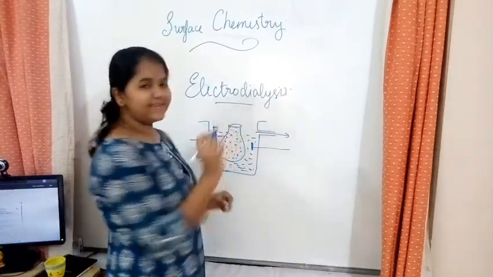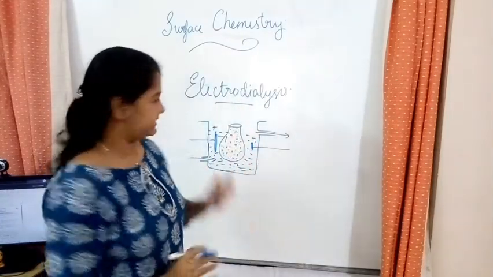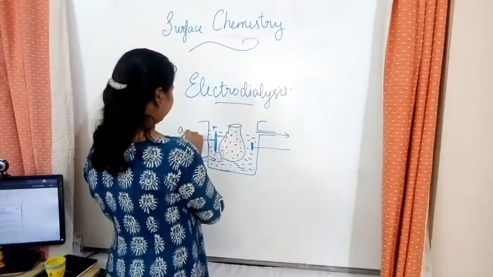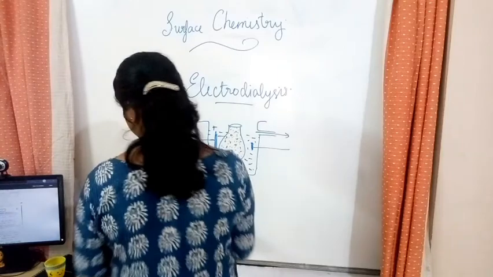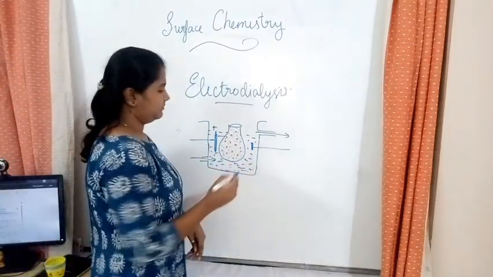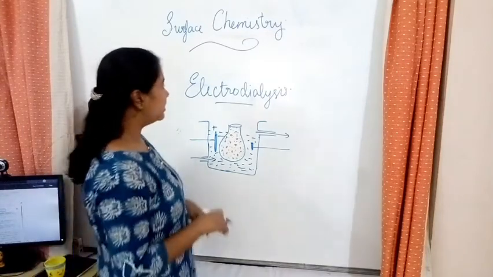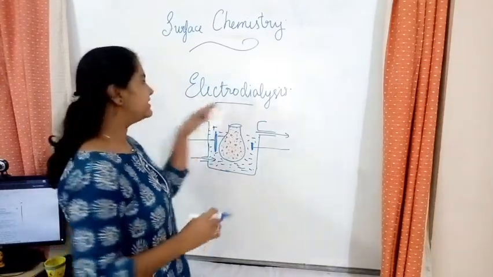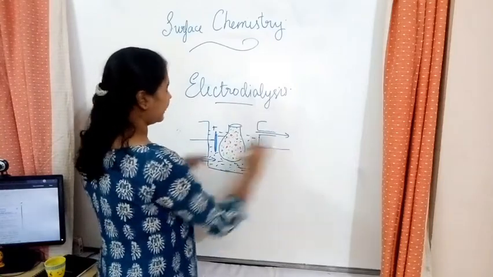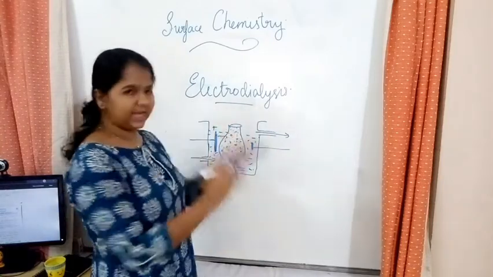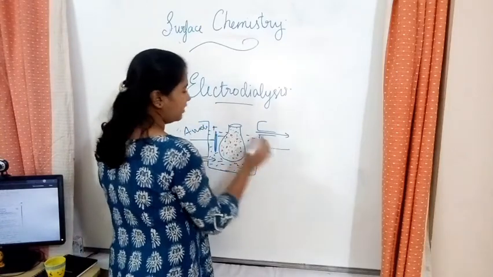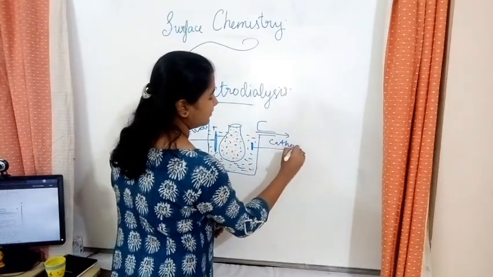Electrodialysis is very similar to normal dialysis. The only thing is there is electric current passing through it. There are two electrodes, anode and cathode. This is the anode and this is the cathode.